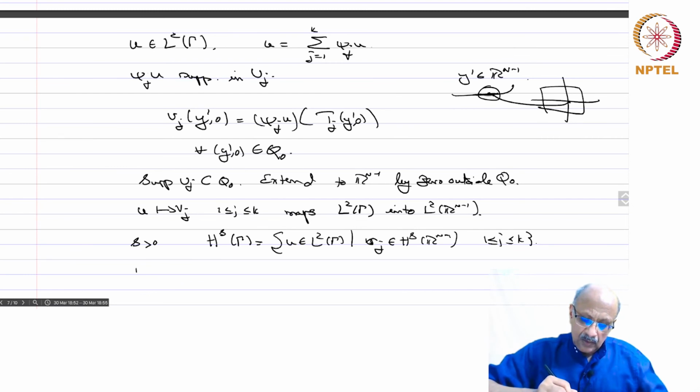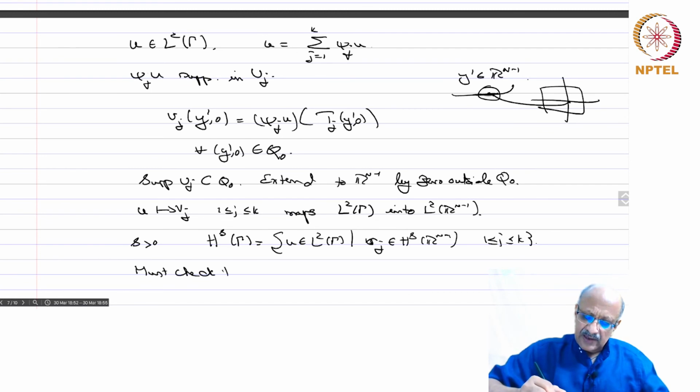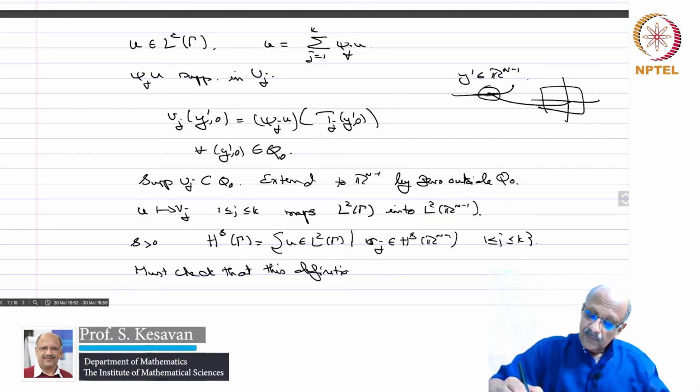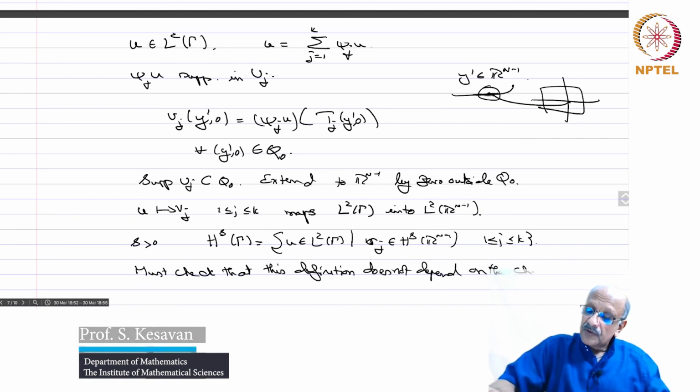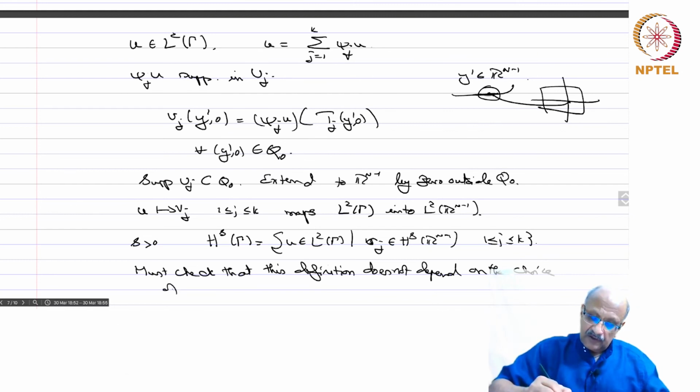Now we must check, though we won't do it here, that this definition does not depend on the choice of the covering Uj, j equals 1 to k, of Gamma.